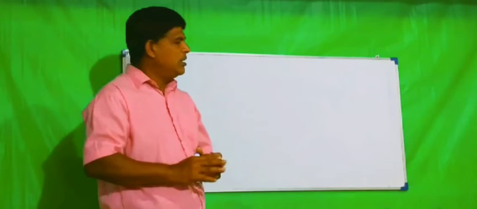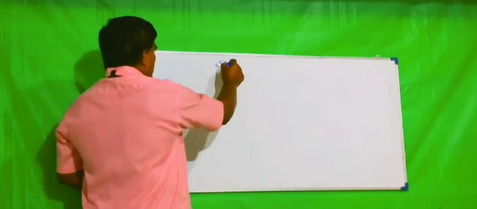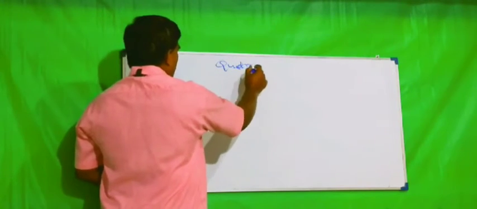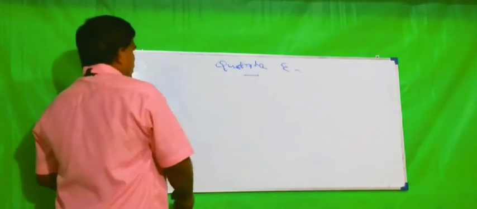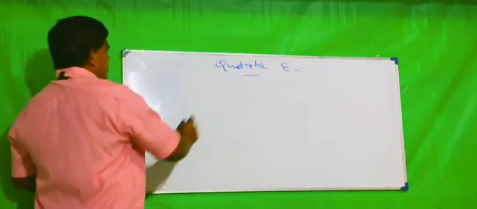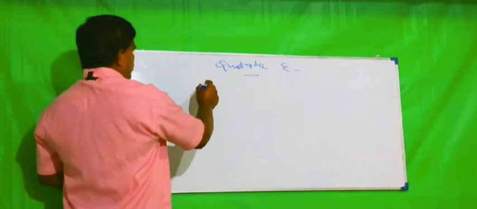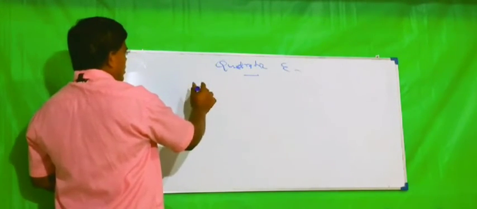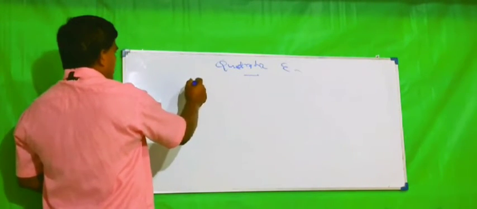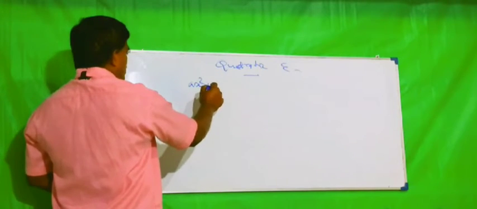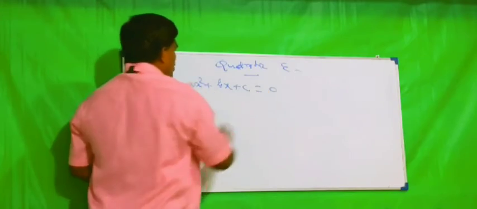Quadratic equations. So quadratic means quadratic equations. If we take the formal method, the standard form of a quadratic equation to be used here is ax squared plus bx plus c equals 0.